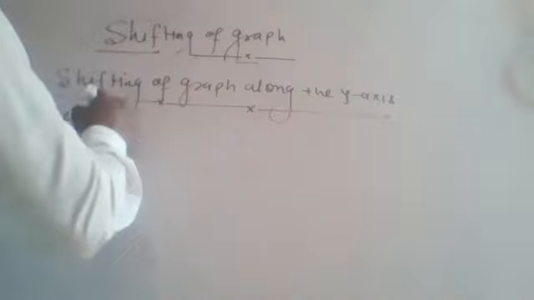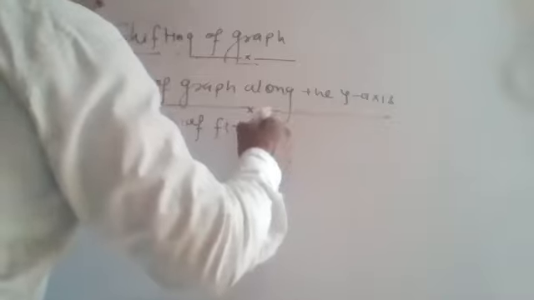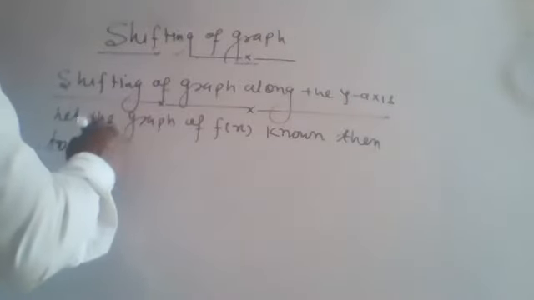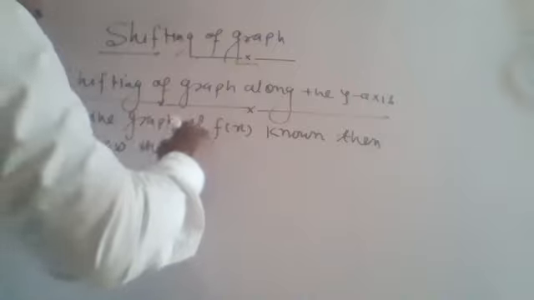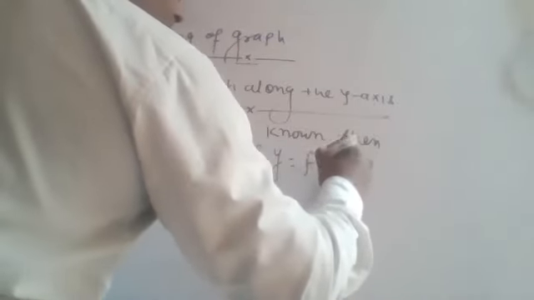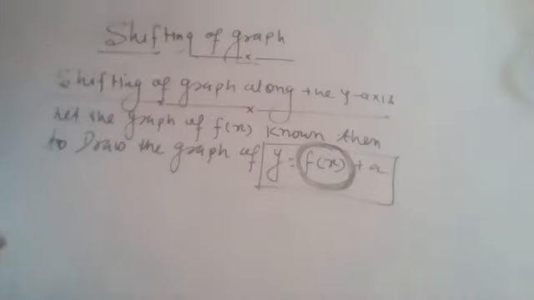Let the graph of f(x) be known. Then to draw the graph of y equals to f(x) plus a, here the constant is going to be added into the whole function, that is, the whole mathematical expression.